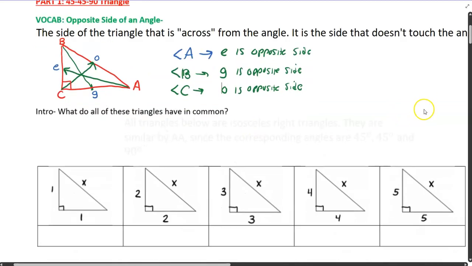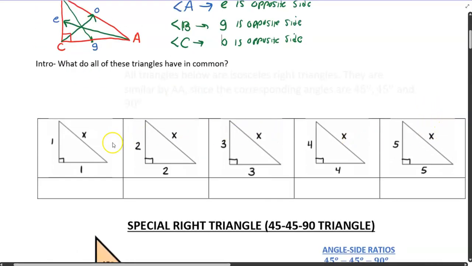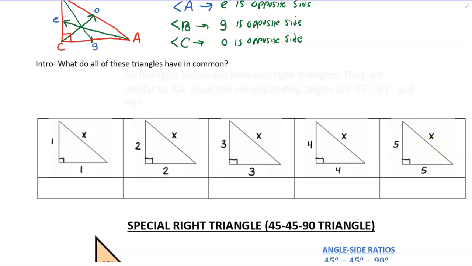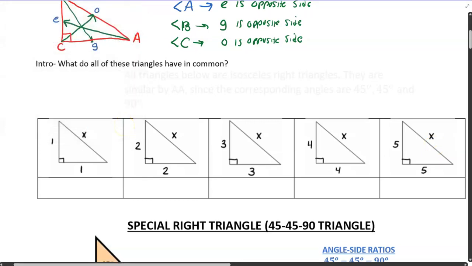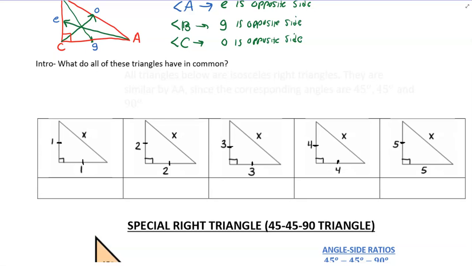So scrolling down, I would like you to look at these 5 triangles. All of these 5 triangles have something very unique in common. In all of them, you'll notice that 2 of the side lengths are the same. In the case of the first one, we have those marked here. The 2's are the same, the 3's are the same, 4 and 5.